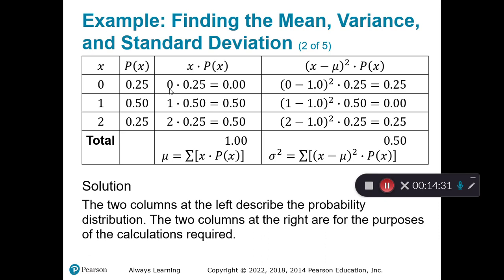So the value of 0 will be multiplied by its probability of 0.25. The value of 1 would be multiplied by its probability of 0.5. And the value 2 would be multiplied by its probability of 0.25. Next, I'm going to add those products. Once I add those products, I will have found the mean.